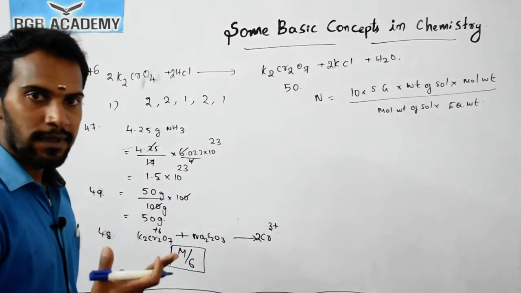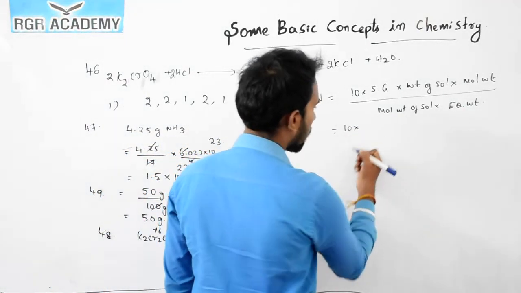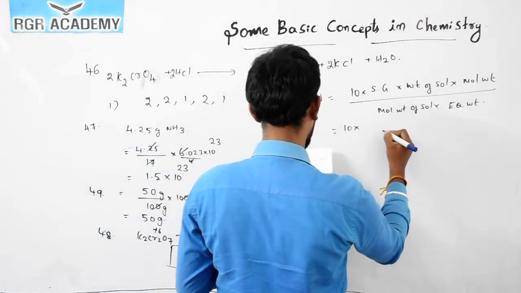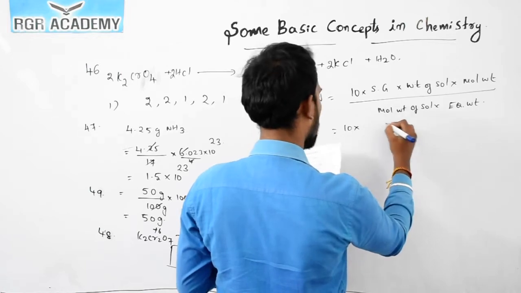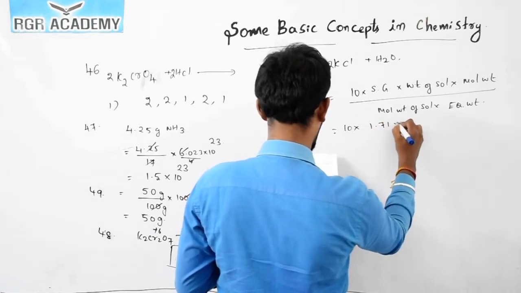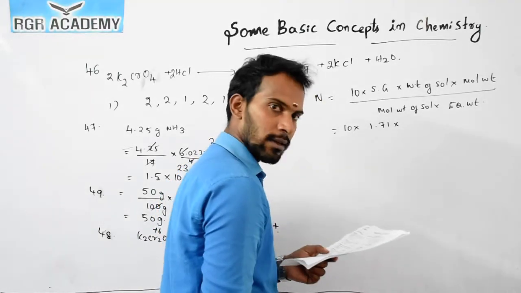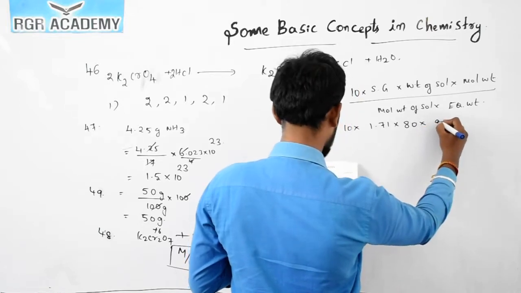The relation between specific gravity and normality. So 10. So what is the value of specific gravity, which is the given value 1.71, right? And weight of the solution is 80%, right? 80% means 80 gram. So 80, molecular weight is 98.